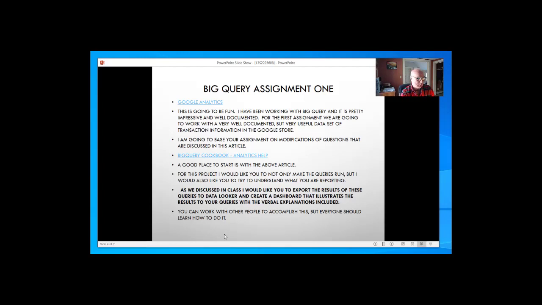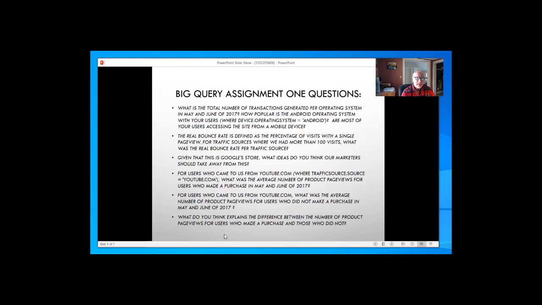The answer to this question is 23. Think about some of the questions, that's fine. Others are not like that. And, for instance, you might want to think about the last one: what do you think explains the difference between the number of product page views for users who made a purchase and those who did not?